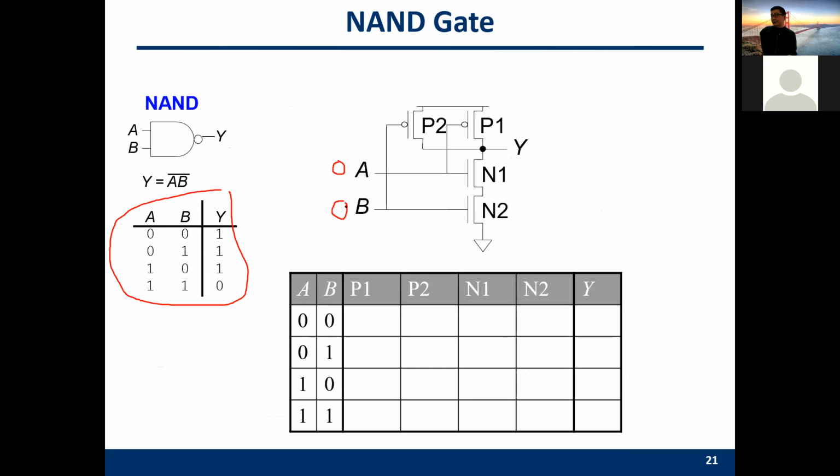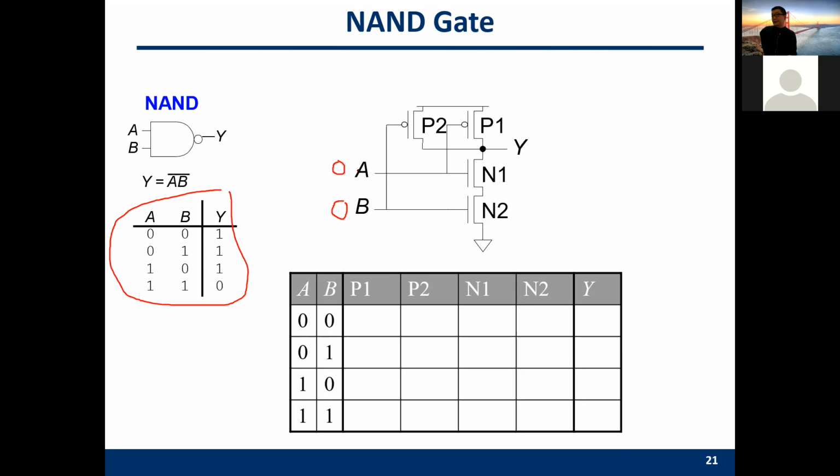If A is a 0, this one is open. Open means nothing can pass through this gate. If B is also a 0, this one is also open. So this 0 cannot pass through this gate.